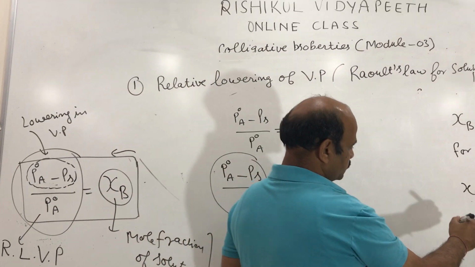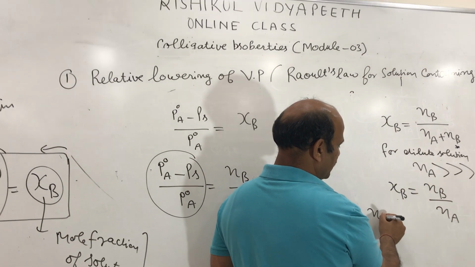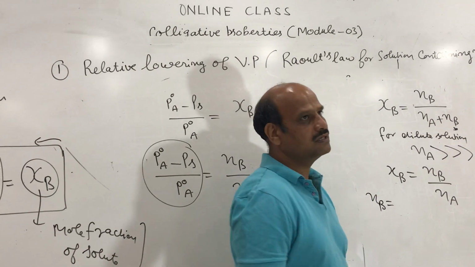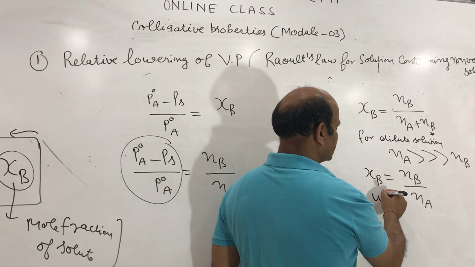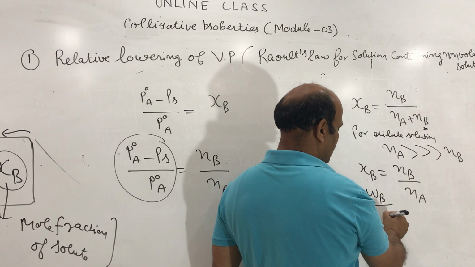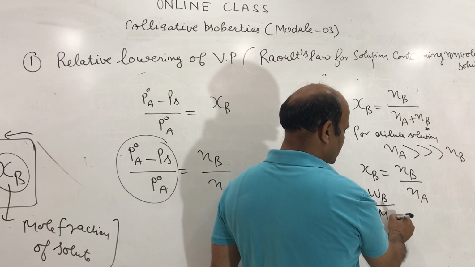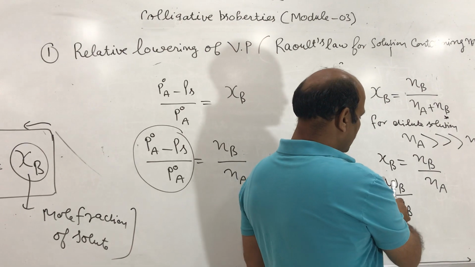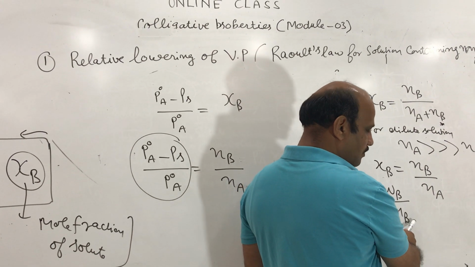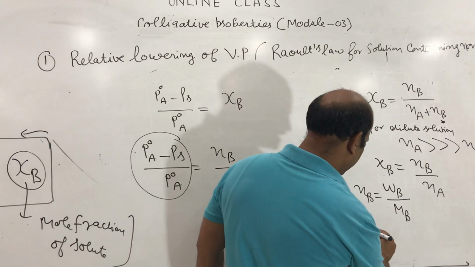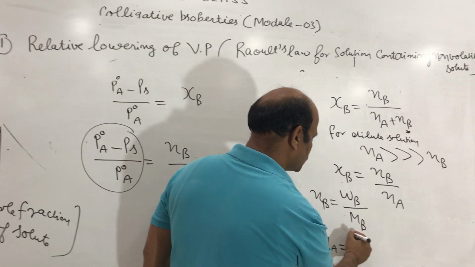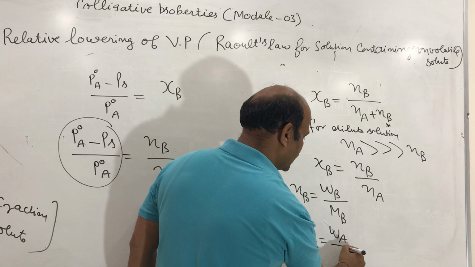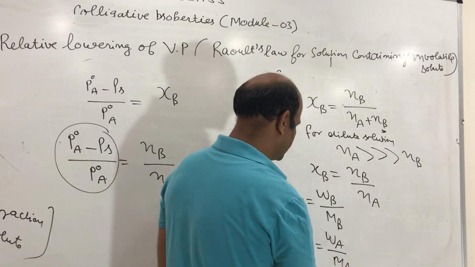And also you know NB, what is it? This is the number of moles of solute. That can be written as given mass upon molar mass. These are the notations: mass of solute upon molar mass of solute. Like this, we can write NA is equal to given mass of solvent upon molar mass of solvent.